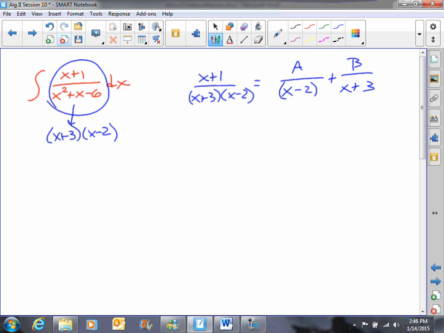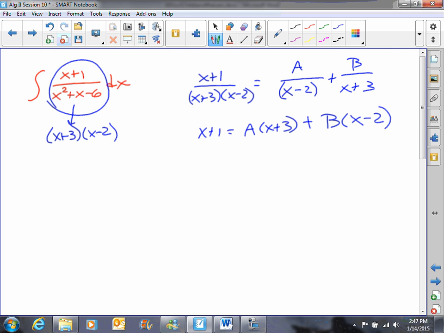Well, first of all, notice if we multiply by the quantity x plus 3, x minus 2, the left-hand side of this equation becomes x plus 1. Now the right-hand side becomes a times x plus 3 plus b times x minus 2.